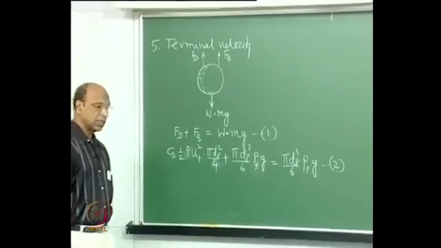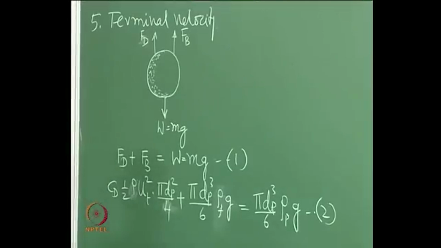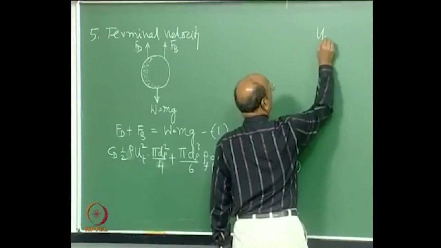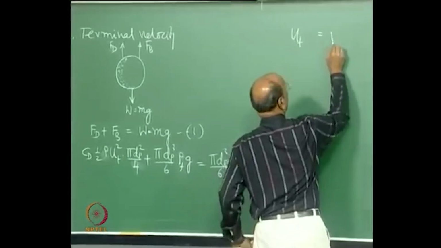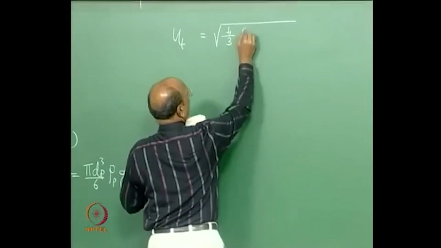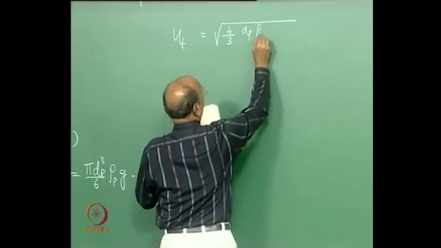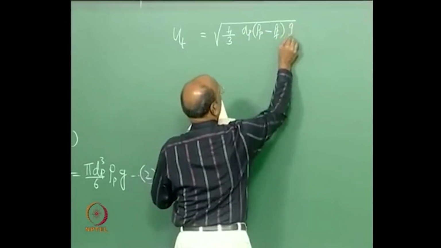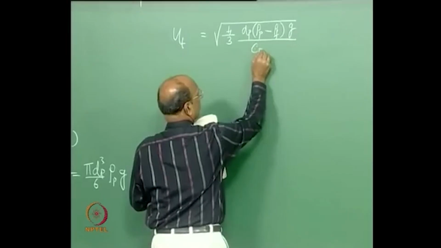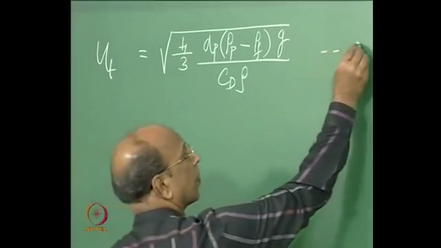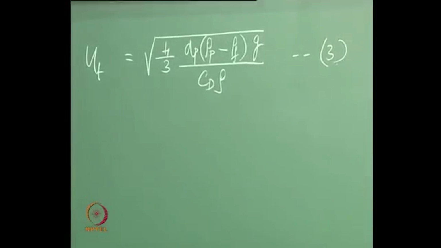So, if I rearrange this for ut, ut will be the square root of 4/3 dp (rho p minus rho f) g divided by Cd into rho f. This is equation number 3.